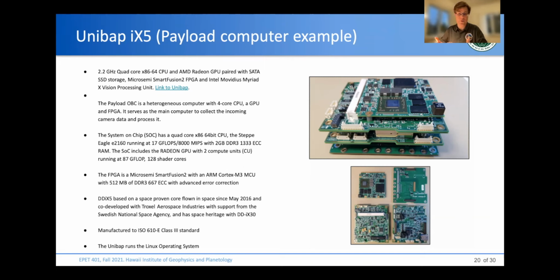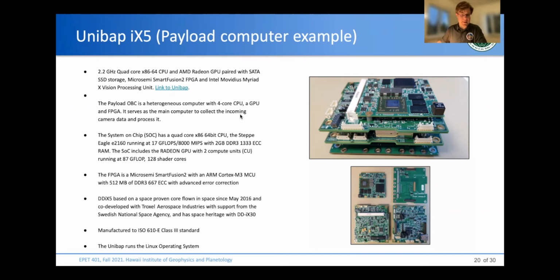In this case, we're using the Unibap IX5 for the HiTime mission, where we're collecting astronomical amounts of data. So it's about 500 megabits per second, if I'm not mistaken. So it's a very, very fast camera.